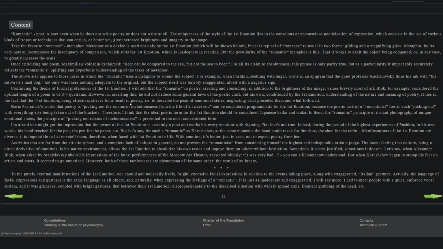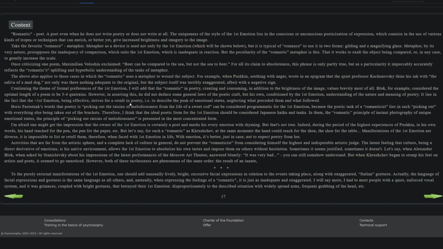Again, I think it means not merely adequate, but kind of above and beyond in reaction. So redundant in reaction maybe is a better way of putting it. But the peculiarity of the romantic metaphor is this, that it works to exalt the object being compared, or in any case, to greatly increase the scale.